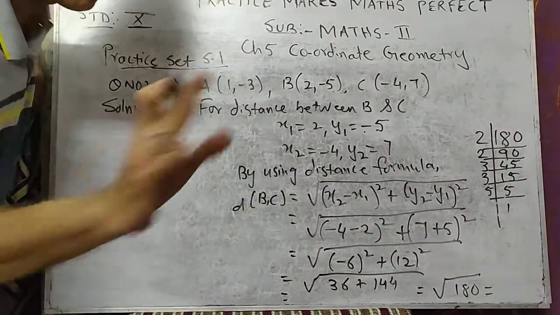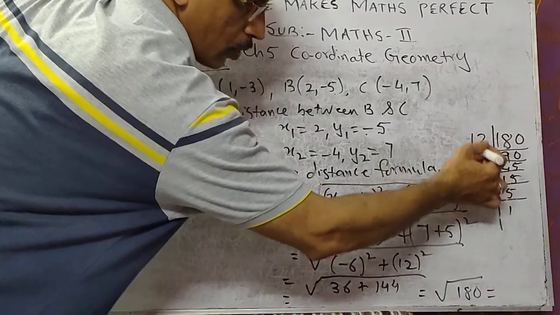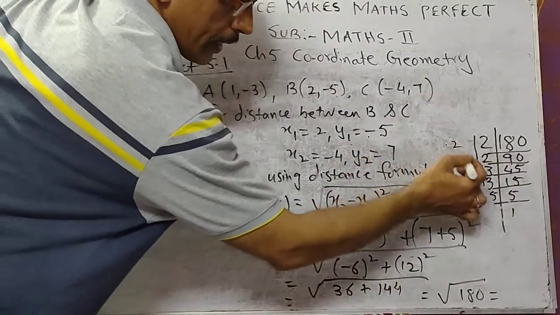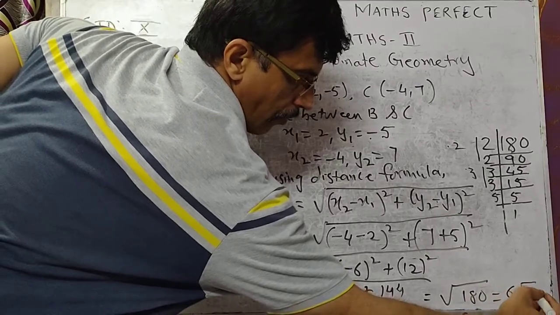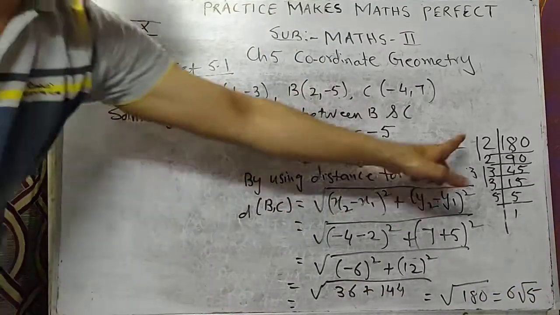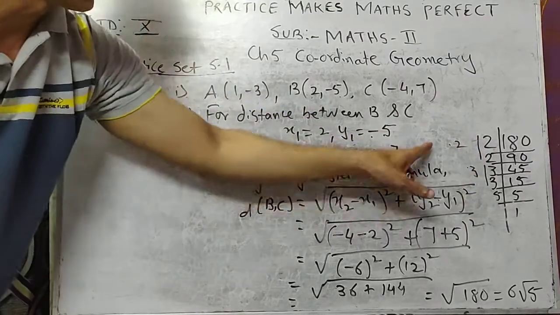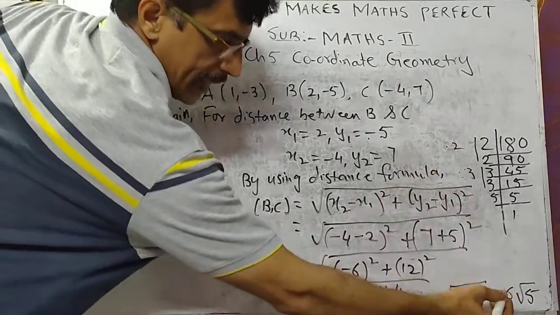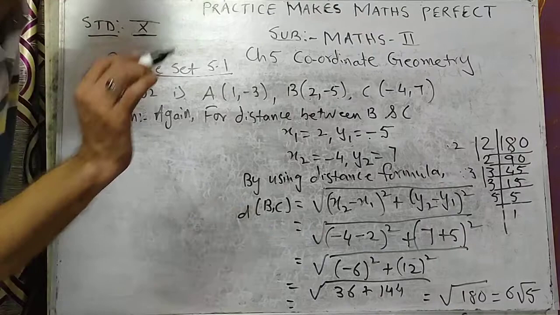Now from this one pair you will select 1, from this one pair you will select 1. 2 3s are 6, answer is 6 root 5. So distance B comma C is 6 root 5.